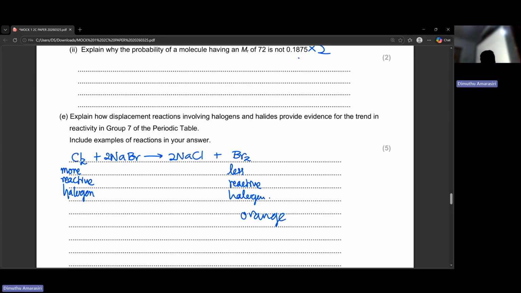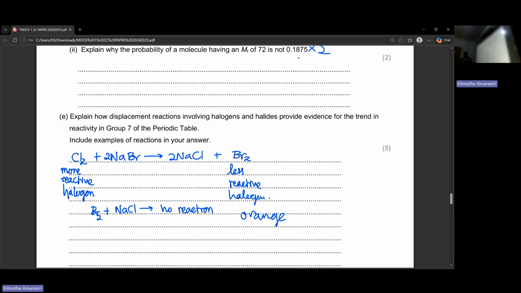And in a question like this, make it a special case. If you put a less reactive halogen into a halide of a more reactive halogen, no reaction is taking place. That's the evidence.